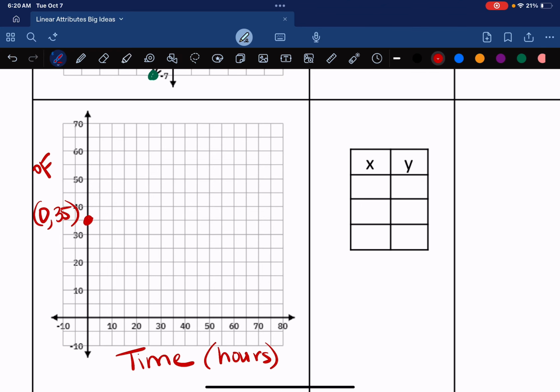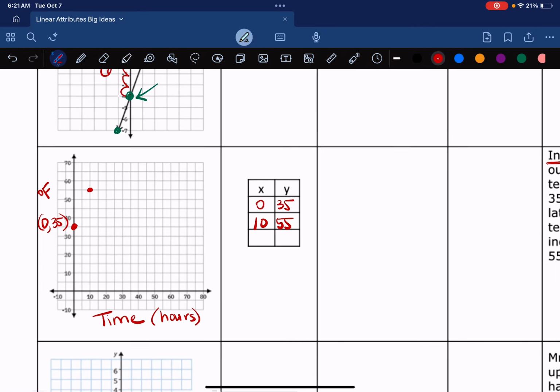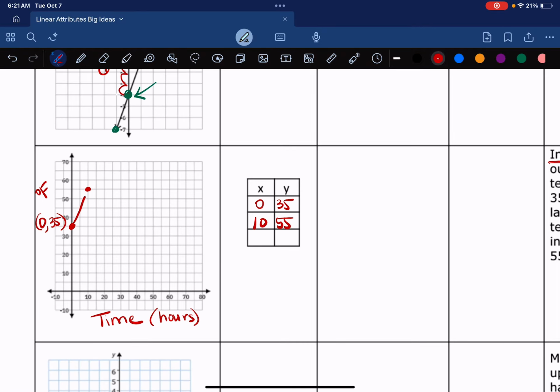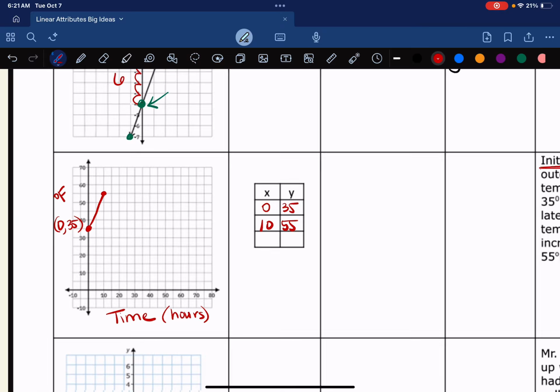But after 10 hours, our temperature increases to 55 degrees Fahrenheit. So we have these 2 points on our graph, okay? So we could create a table of values if we wanted to. Our initial value was (0, 35), and then we had another point at (10, 55), okay? Now again, we can always count our slope if we wanted to.